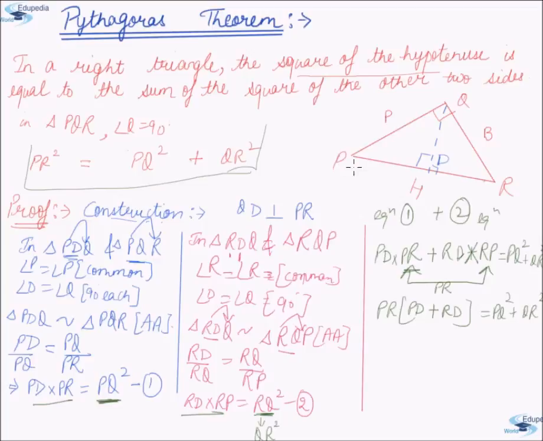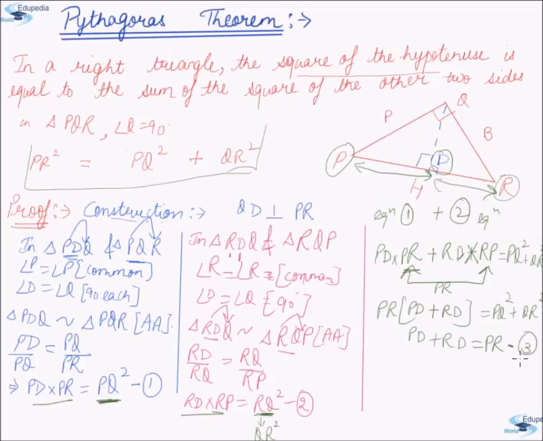Now friends, PD is this side and RD is this side, so we can say that PD plus RD is equal to the complete side PR.